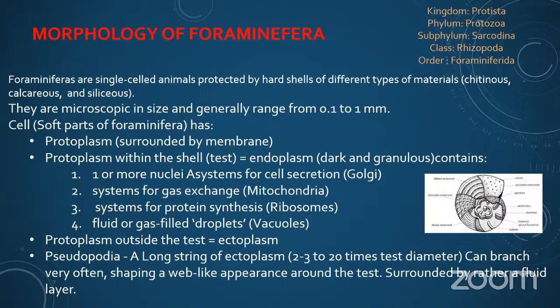In the morphology of foraminifera, foraminifers are single-celled animals protected by hard shells of different types of materials, and they are microscopic in size, generally ranging from 0.1 to 1 mm. The soft parts of foraminifers have protoplasm within the shell. Like that, I covered the morphology of foraminifera in the previous class.